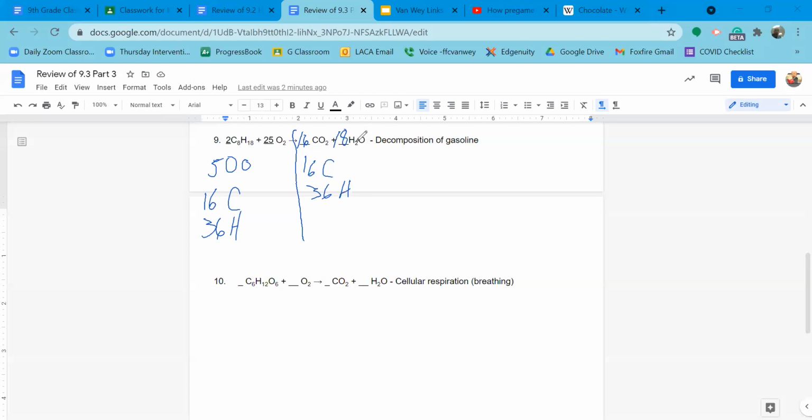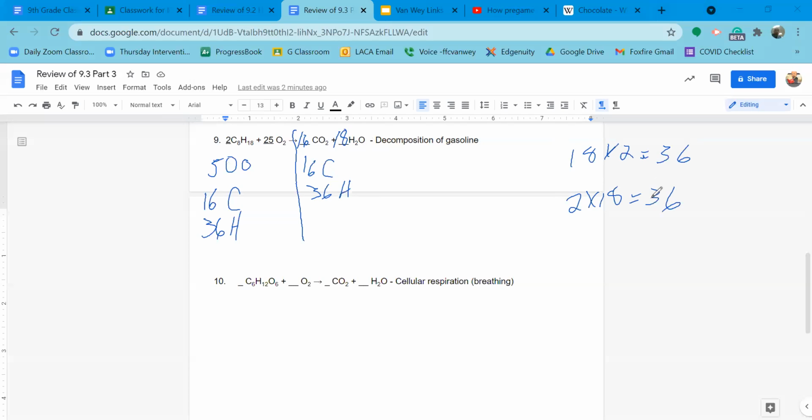And we can check that with a calculator: 18 times 2 equals 36. Just like over here, 2 times 18 equaled 36. So we end up with the same hydrogens on both sides. And I'm betting that this is balanced. If it's not balanced, then there was a problem with the way it was written.